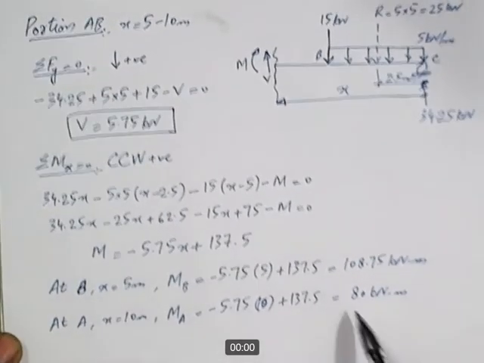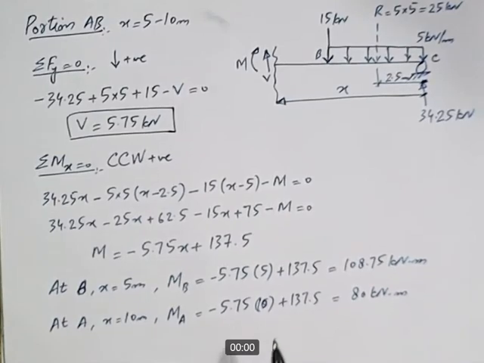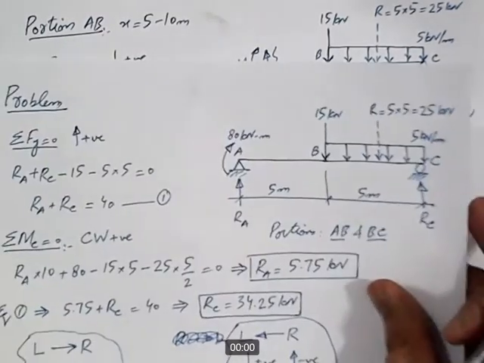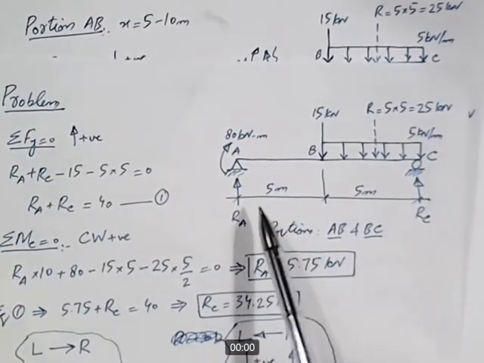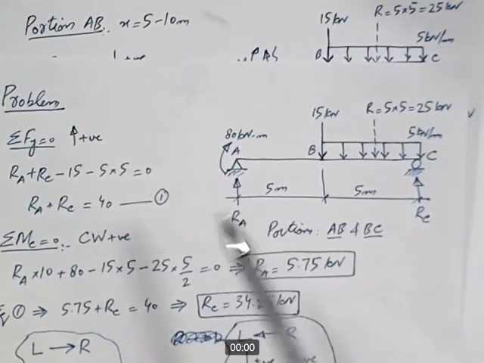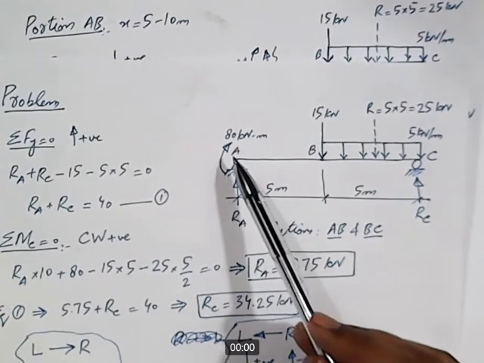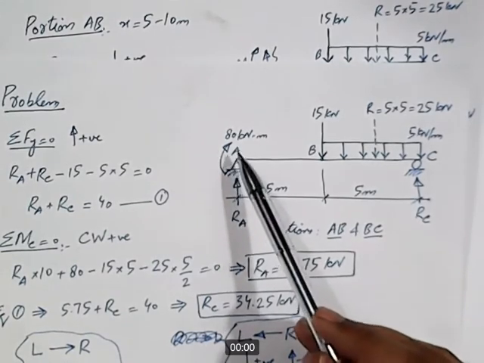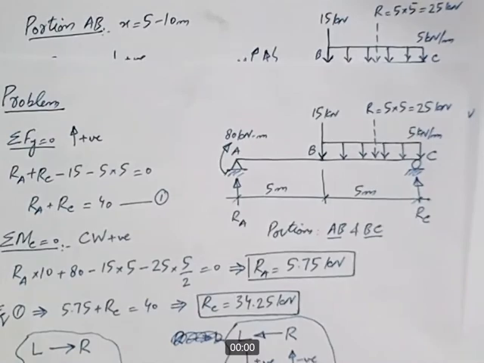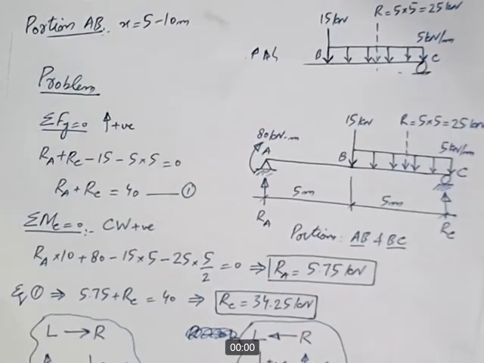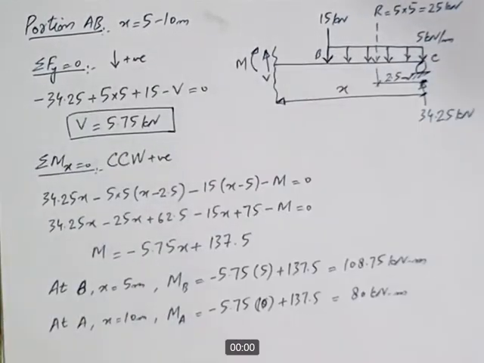If you look at our given problem, this A is an external hinge support, but it is subjected to an externally applied moment of 80 kilonewton meter. So we expect that this value of 80 should appear at the external hinge support in the bending moment diagram, and we are getting the same value here as MA. That totally makes sense. So this completes our calculation for shear force and bending moment diagrams.